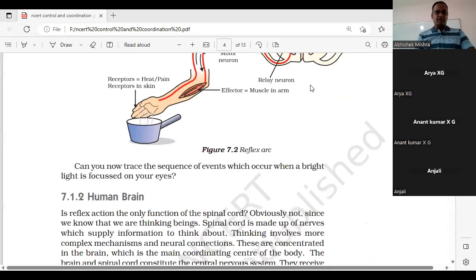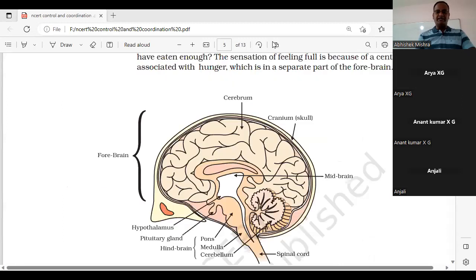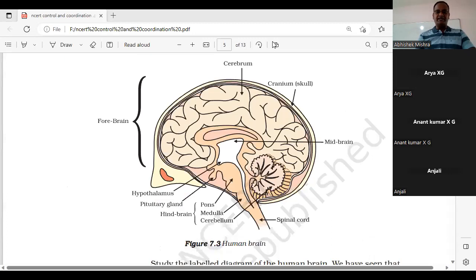Okay, students, very good. Now, students, we are starting one of the very important and, diagrammatically, we can say more important parts, that is the human brain. First of all, the human brain is part of the central nervous system, that is CNS. Externally, the human brain is protected within the brain box, which is called the cranium.